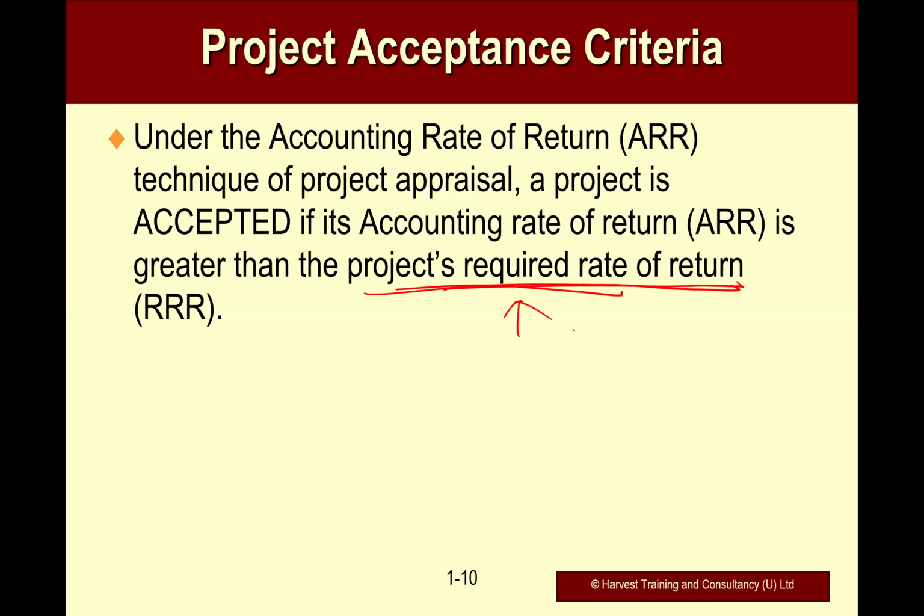Maybe the required rate of return is 15%. So it means that the accounting rate of return should be greater than 15%, which is the required. So we shall accept a project with a greater accounting rate of return. If it is less, then we shall reject the project.